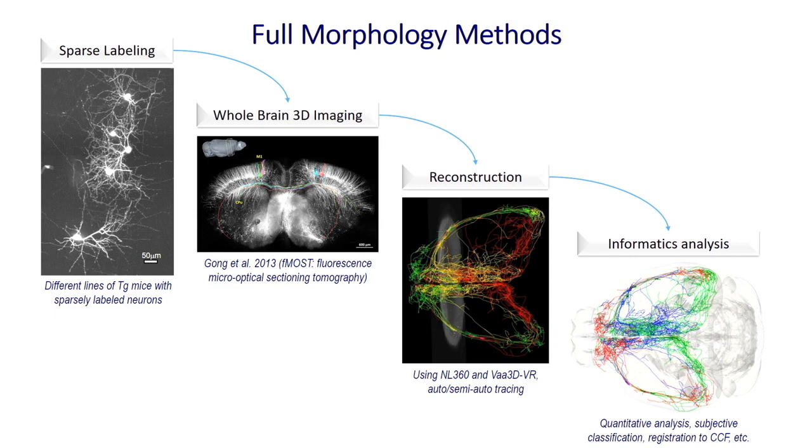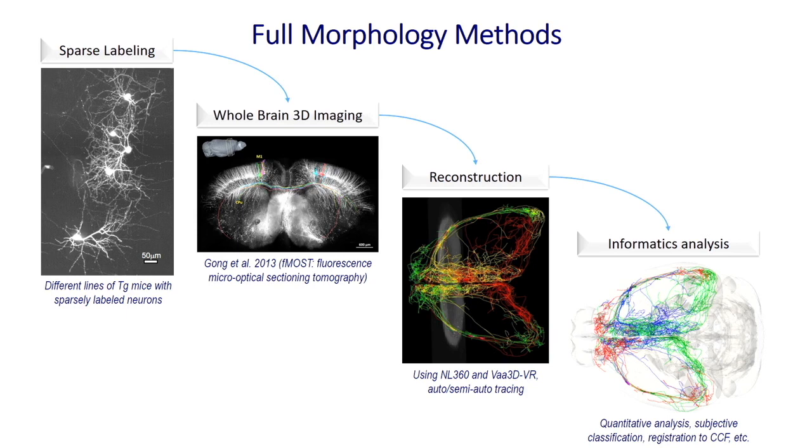As you may know, 3D single-cell reconstruction at the whole brain level was very difficult like 10 years ago, and such studies were very rare because the method is complicated. The neurons had to be filled in vivo, then the whole brain cut in serial sections.